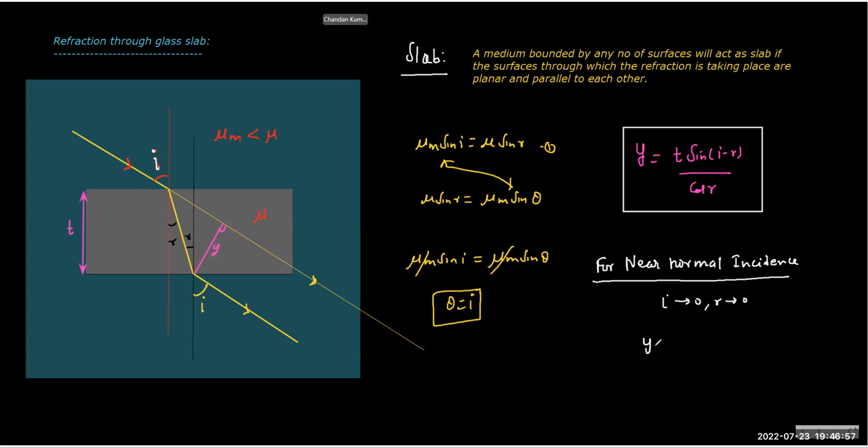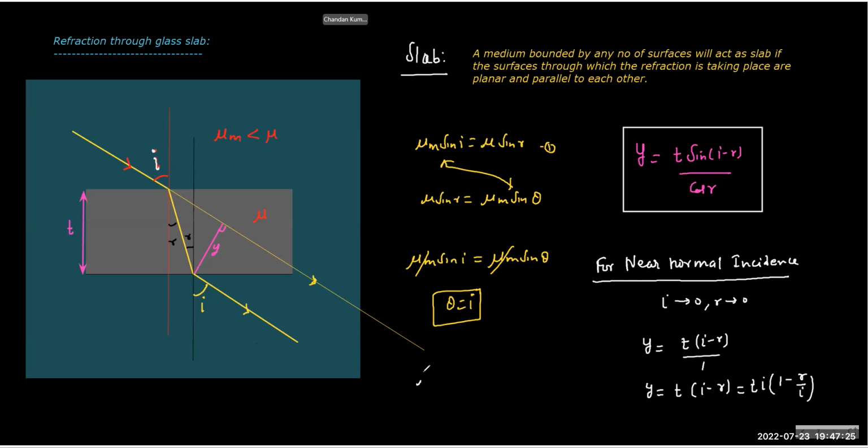And therefore the lateral shift becomes how much? T into I minus R by 1. That's it, correct? So now you can see that T into I minus R is the answer. And now I can take T I into 1 minus R by I. Why am I writing like this? We can also apply the approximation for Snell's law.